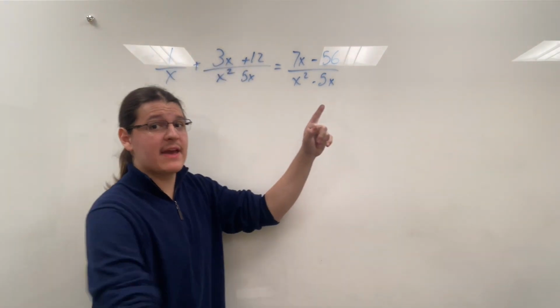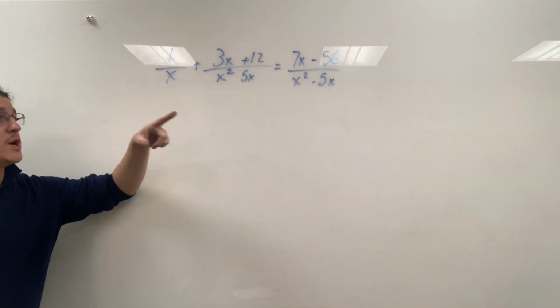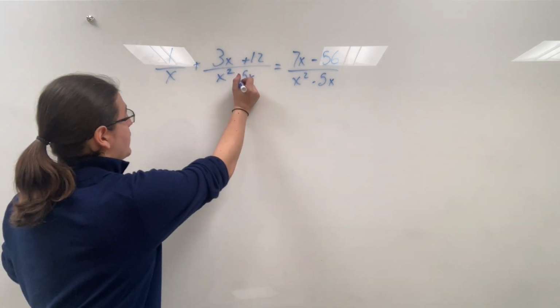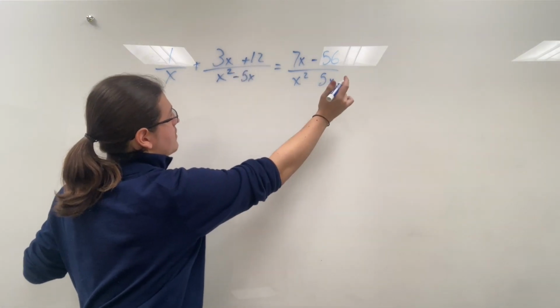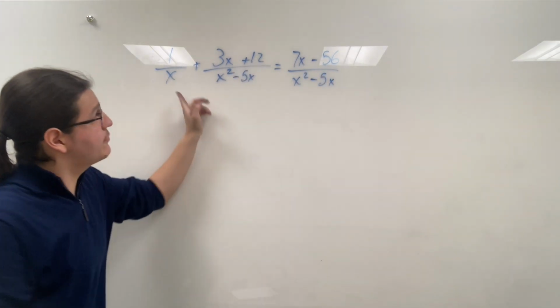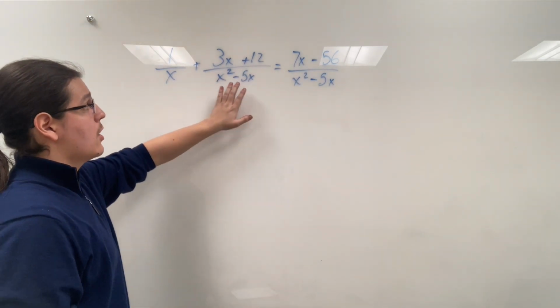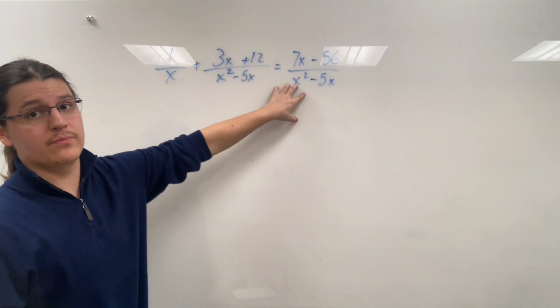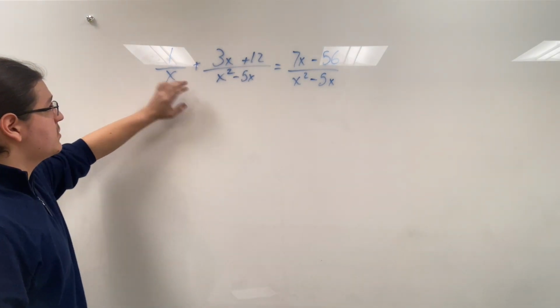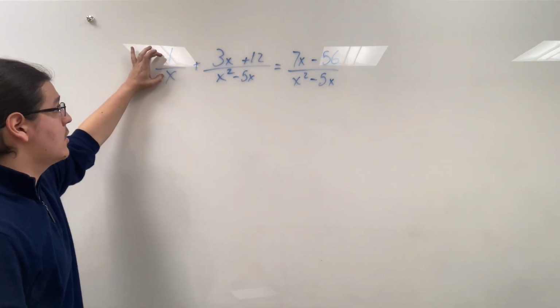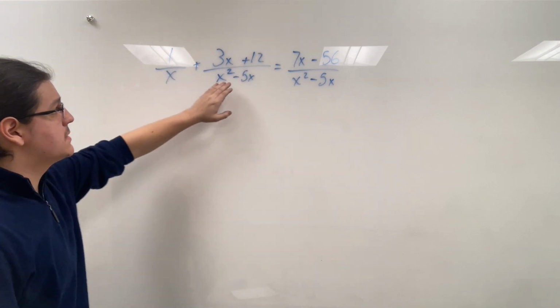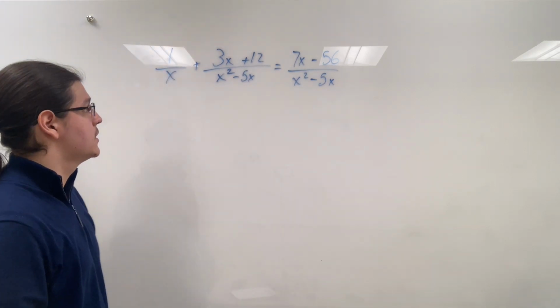All right, here we have a new rational equation. These aren't very apparent, so let's solve for x. Now we can clearly see what our denominator should be. So we need to think, what can we multiply this rational equation by to make our denominator look like this?